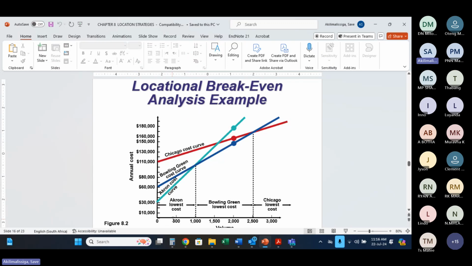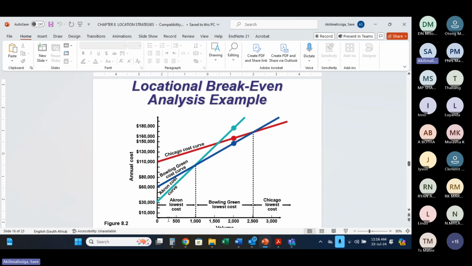So now, if we check carefully here, from 0 to 1,000, within this range, because this is the graphical interpretation, you have to interpret the graph. So between 0 and 1,000, the location that provides the lowest cost is the Akron location, or the city of Akron.